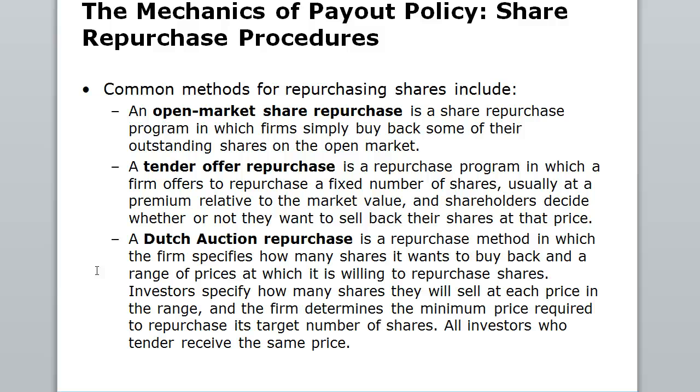The company can say we want to repurchase in the Dutch auction between $20 and $30 per share. Then they'll start buying the shares from the lower price to the higher price. So if people are willing to sell it back at $24 a share and other people are willing to sell it back at $26 a share, they'll buy the $24 shares first.